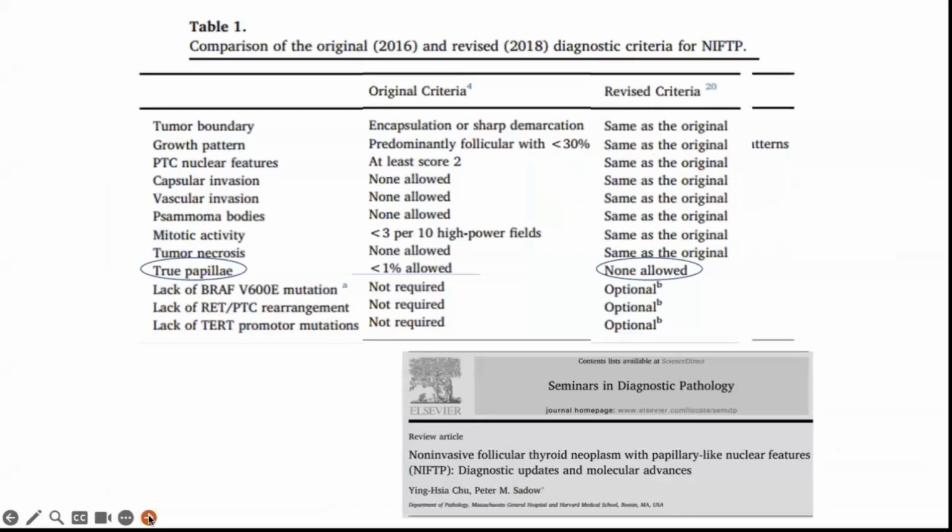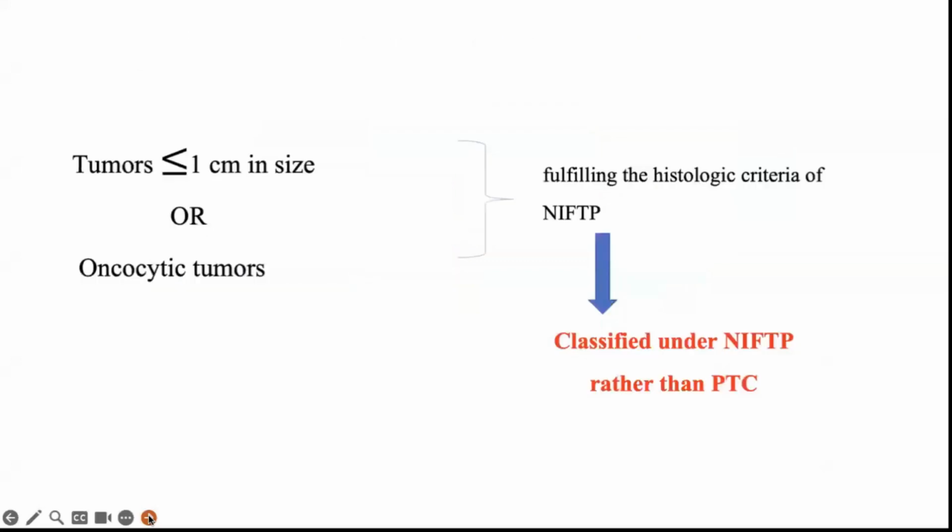So when comparing the original criteria with the revised criteria brought by Nikiforov et al., the true papillae that were initially allowed are not allowed now. Other than that, lack of BRAF V600E, RET/PTC rearrangement and TERT promoter mutations are optional, and that is what adds to its indeterminate prognosis.